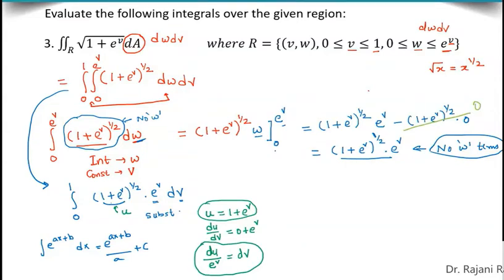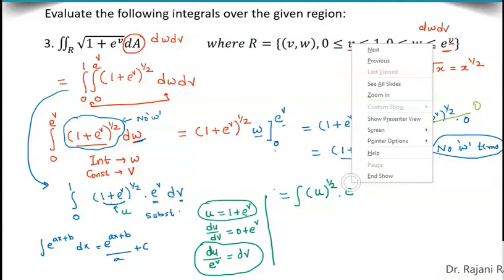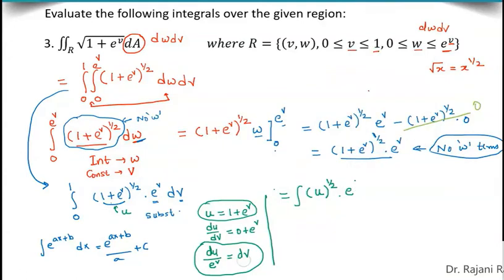Okay, so this gives you, so what we will get, this is equal to integral. Again we will not write the limits. Now we will write it later. In place of 1 plus e power v we are writing u power half times e power v. We don't change, it is same. In place of dv we have du divide e power v. Sorry, this is e power v. So we cancel here e power v with this.